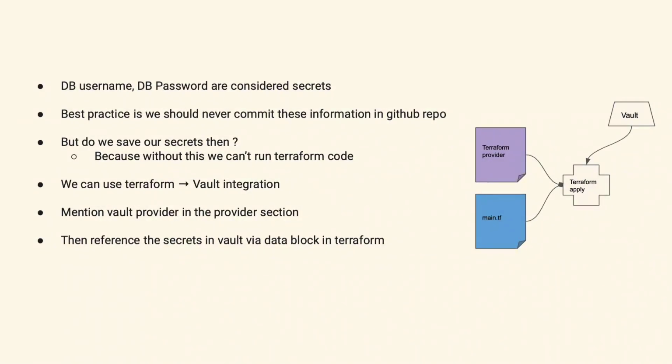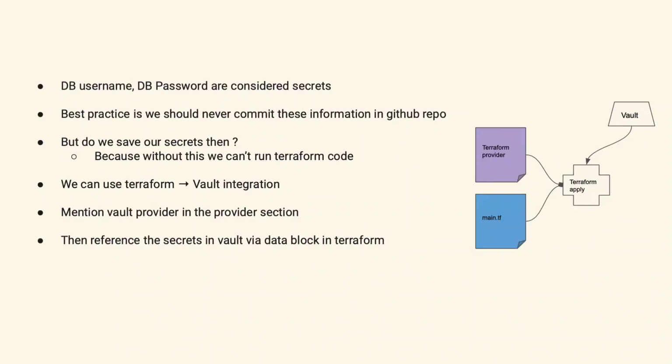And in our main code, that is the Terraform code, we reference the key and value pairs, and we can do that by referencing the data block. What actually happens is when we run terraform apply, it will try to reach out to Vault at the address given, and it is going to fetch these key value pairs from the path, and then we will create the database with the DB username and password.